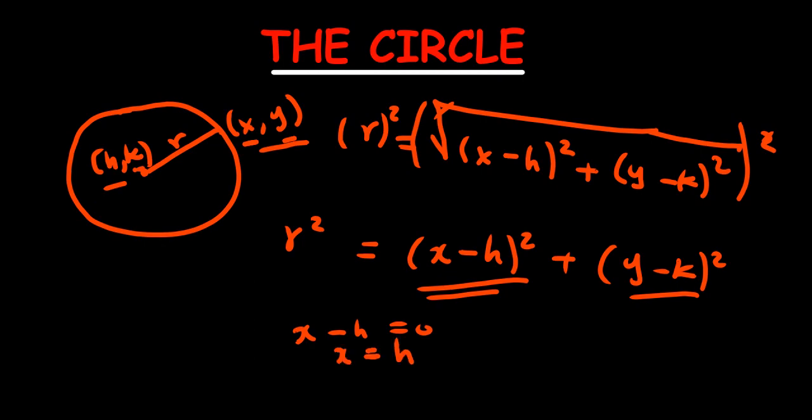So your x coordinate at the center is h. Then when you equate the other part to 0, you have y equal to k, meaning your y coordinate at the center is k. So the center is described by h comma k, and our radius you already have here.